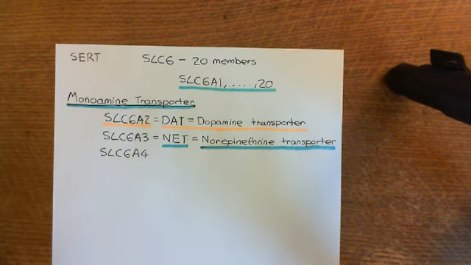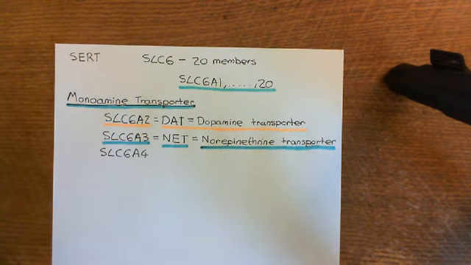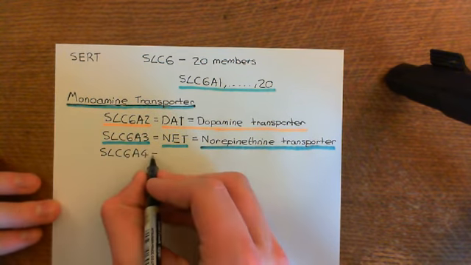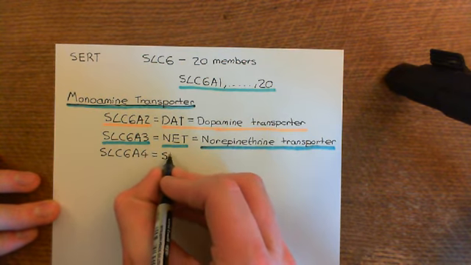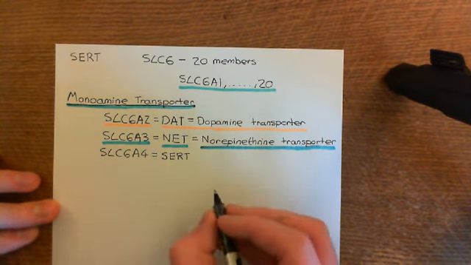This is on noradrenergic neurons and will reuptake noradrenaline from the extracellular fluid into the axon terminal cytoplasm. Its official name is SLC6A3 there. And that leaves finally SLC6A4, which is the serotonin reuptake transporter, or SERT.